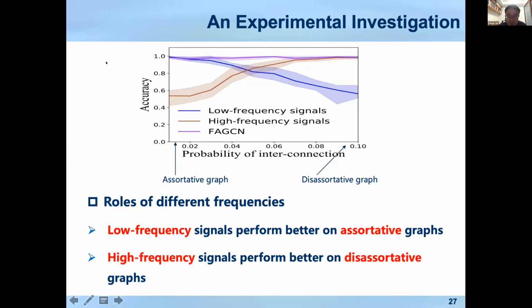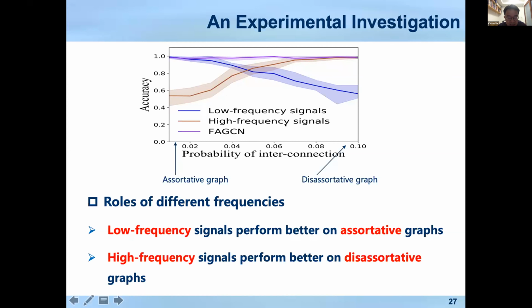In order to answer this question, we do an experiment to validate the role of low frequency signal and high frequency signal. Specifically, we tested their performance on node classification with a series of artificial networks.